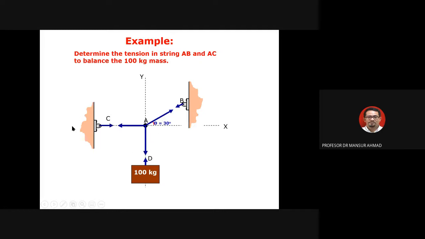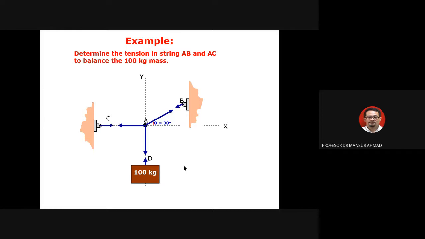And this is the free body diagram of pin C. And then this is the free body diagram of pin B. And also here, this is the free body diagram of this weight here. Dia dah asingkan. So free body diagram, macam perkataan dia juga tu. You are freeing the body from its surrounding. That's what it means. Free body diagram.